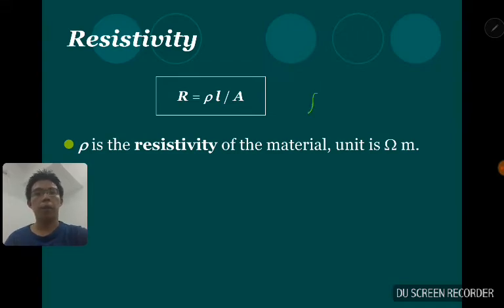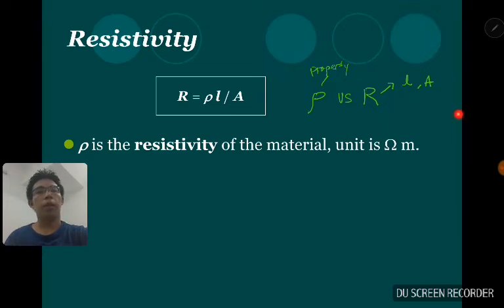The comparison, the difference between the resistivity and the resistance R: R is dependent on L and A, whereas resistivity is a property of the material, which means that it only changes when you have a different material. It's constant for the same material.